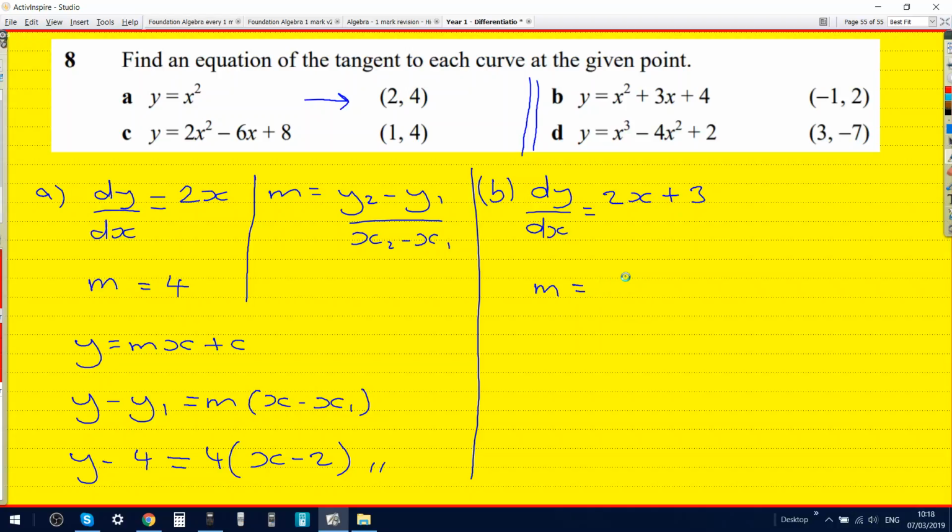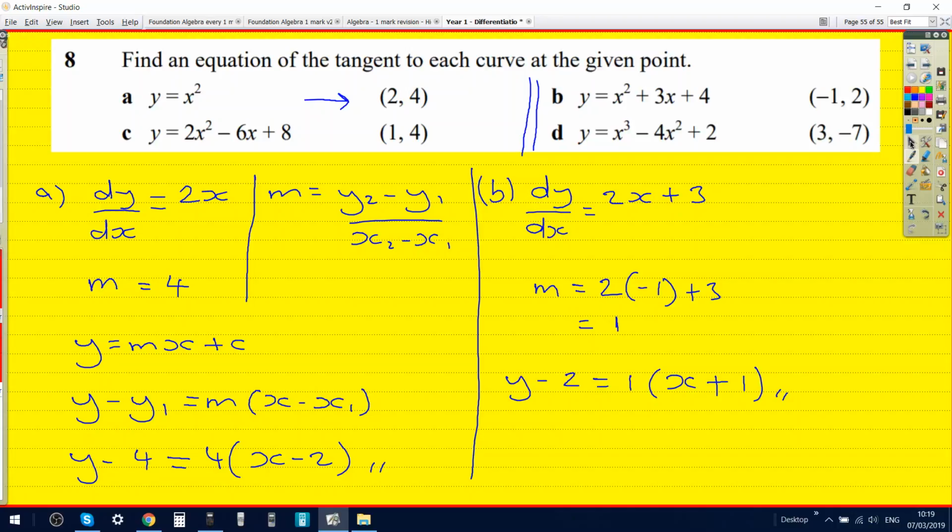And I'm just going to get that method marked for that. Okay, and so you can now write your final answer. So y minus 2 equals 1 times x minus minus 1, plus 1. Yeah, so minus minus becomes plus.